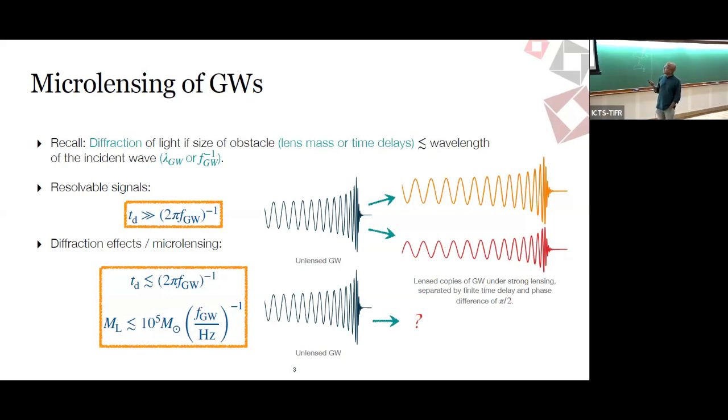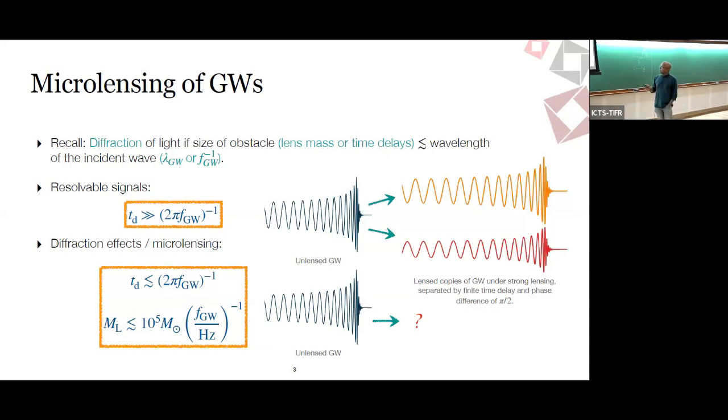In this particular case, the size of the obstacle could be replaced by the lens mass or the time delays between the images. This is simply because in units of G equals c equals 1, mass and time and length all scale in the same way. So the size scales as lens masses or time delays, and the wavelength of the incident wave is now the wavelength of the gravitational wave, or inverse frequency of the gravitational waves.